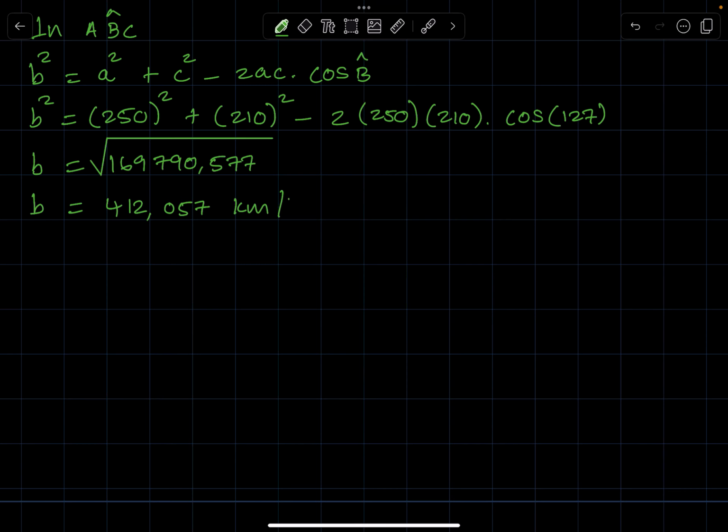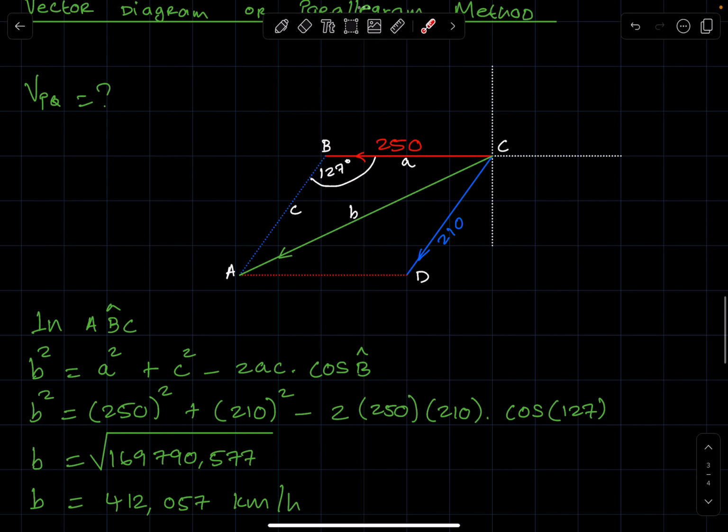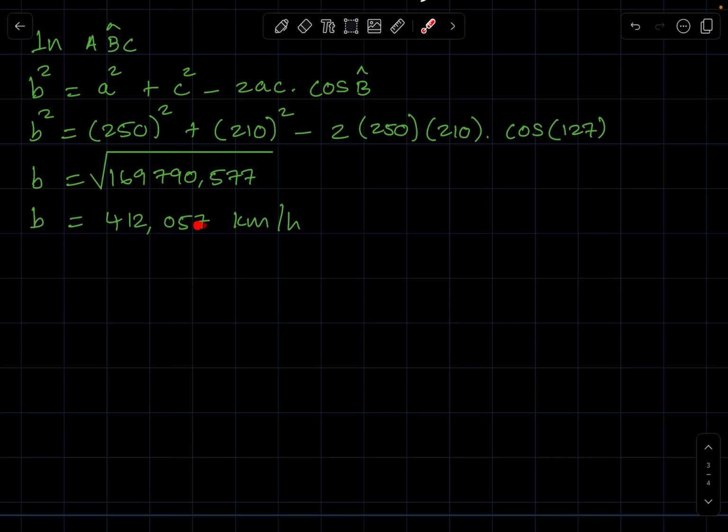Remember, this is in kilometers per hour. Remember that B represents the resultant here, and the resultant is what we are looking for. So the velocity of P relative to Q is essentially equal to 412,057 kilometers per hour.